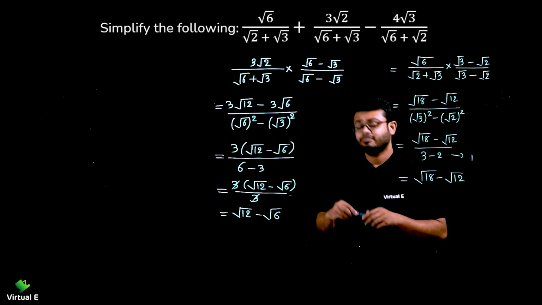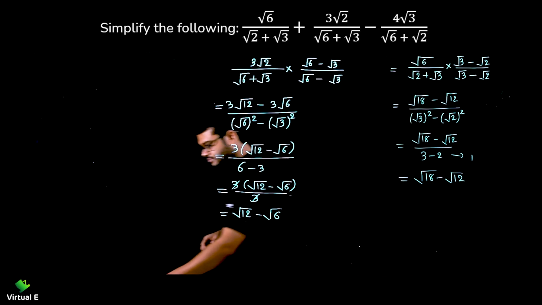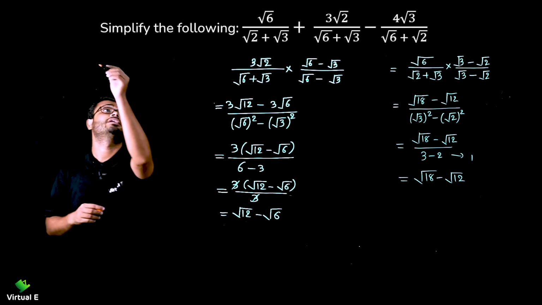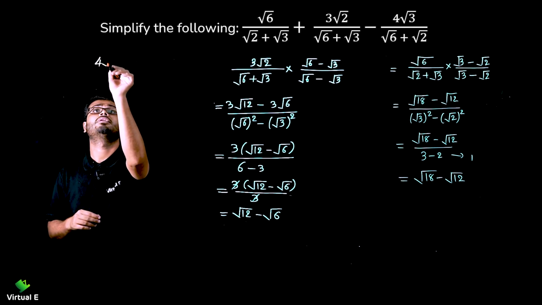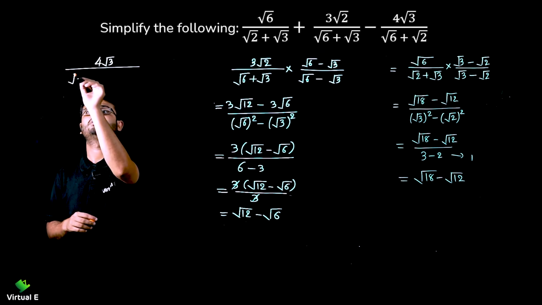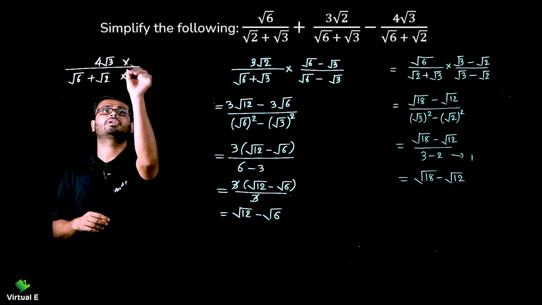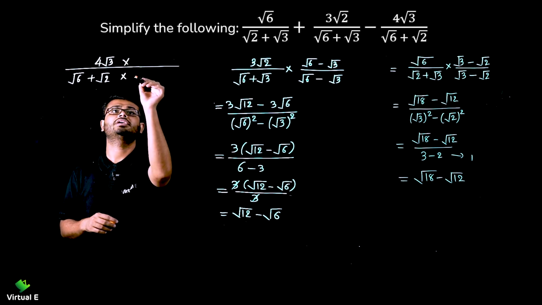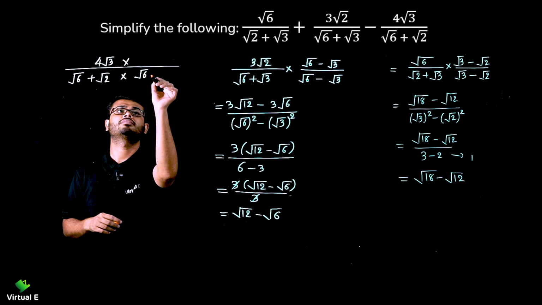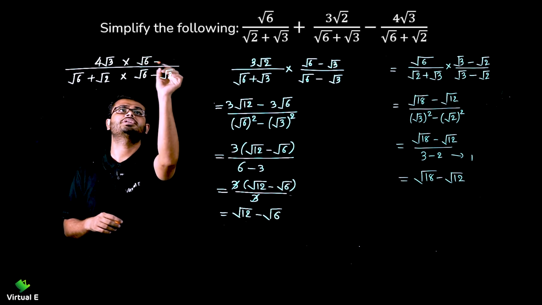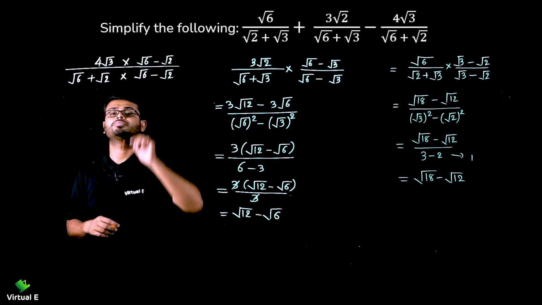Let's see what we get for the last term. So here let's write, we have 4 root 3, and in the denominator we have root 6 plus root 2. Now what are we going to multiply with? That is here root 6 minus root 2, and the same in the numerator, root 6 minus root 2. Done?